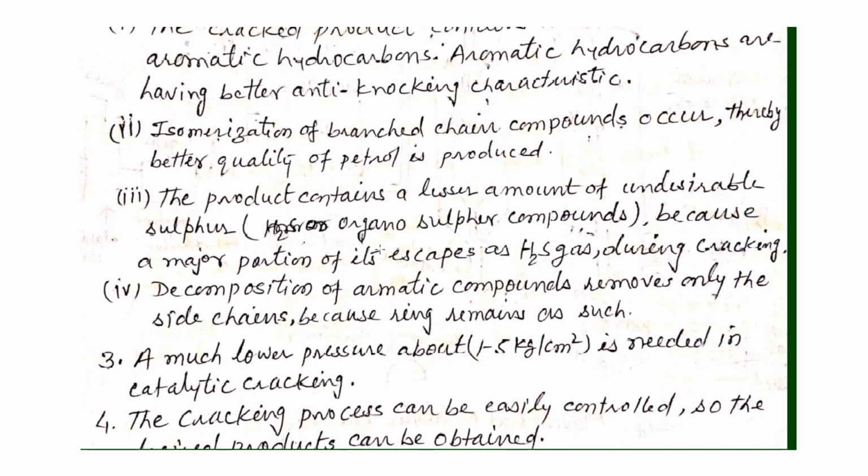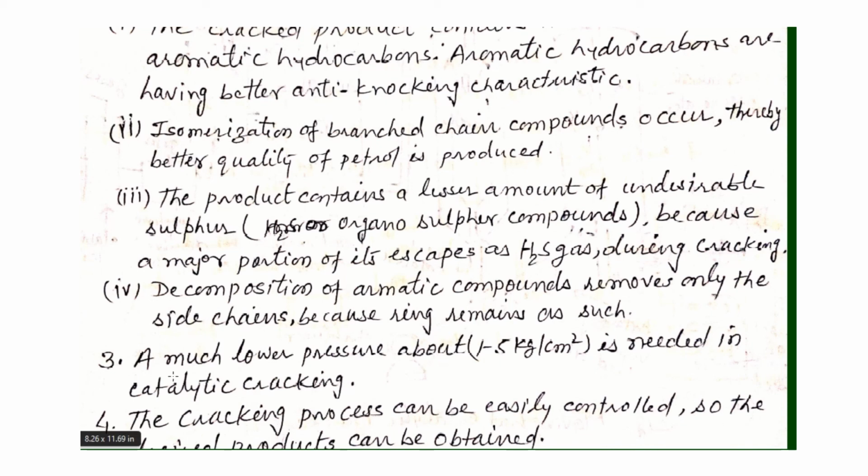The product contains a lower amount of undesirable organosulfur compounds because a major portion of it escapes as H2S gas. During cracking, decomposition of aromatic hydrocarbons removes only the side chain because the ring remains as such.